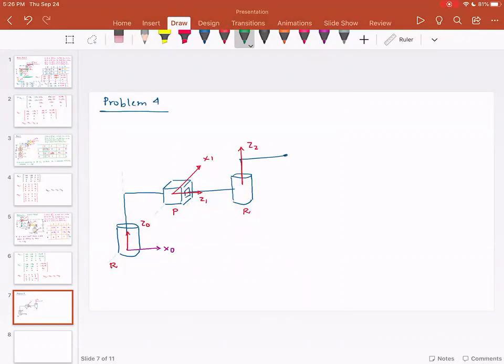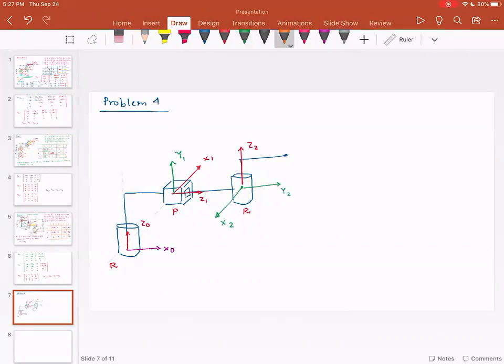So what I'm going to do is I will try to find out X2, where X2 is perpendicular to Z1 and Z2 and X2 is intersecting Z1 and Z2. And then I will draw the Y1s. This is going to be my Y1 and this is going to be my Y2.